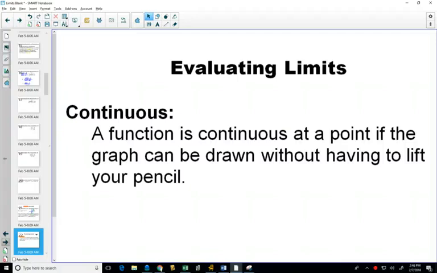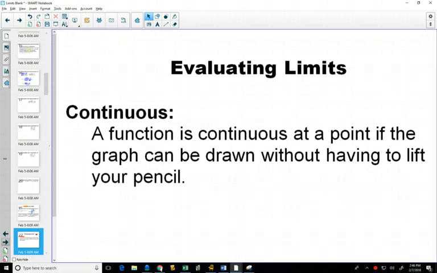Some definitions. Our first definition is continuous. This is not the mathematical definition of continuous. If I pull out my math dictionary, you won't find this written this way. But if you can draw a graph without having to lift your pencil, it's continuous.